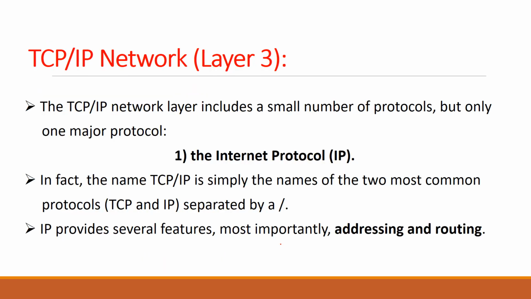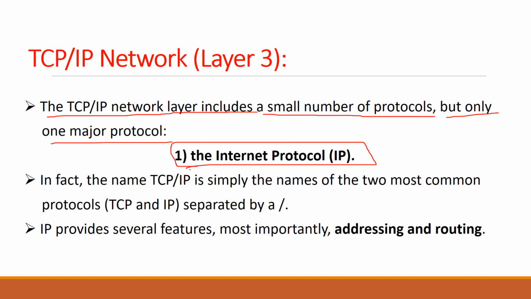Now let's discuss the third layer, called the TCP/IP network layer, number 3. The network layer includes a small number of protocols, but only one major protocol, the Internet Protocol, that the name here came from. We saw TCP from the transport layer and IP from the network layer. This is the most important protocol that works at the network layer.